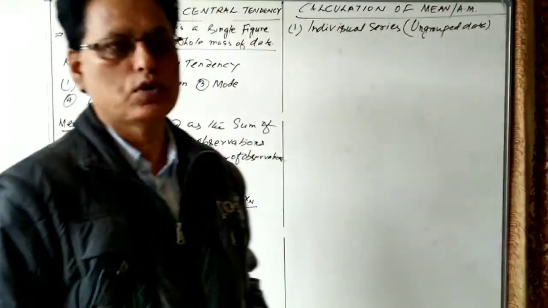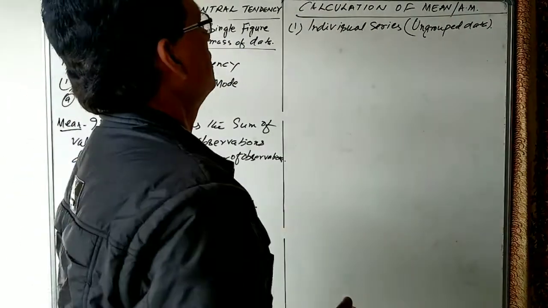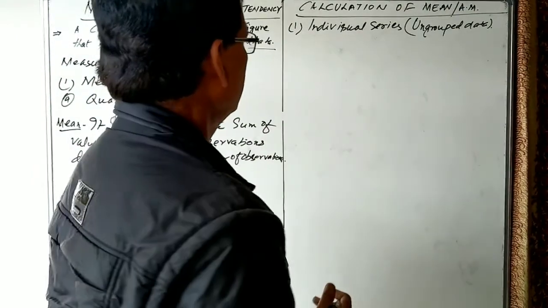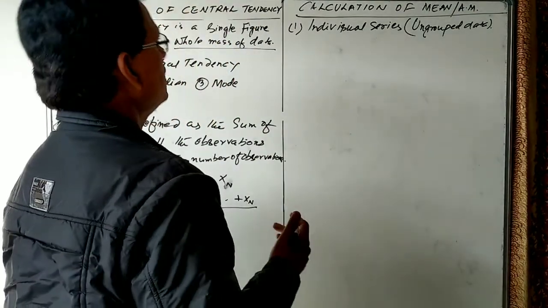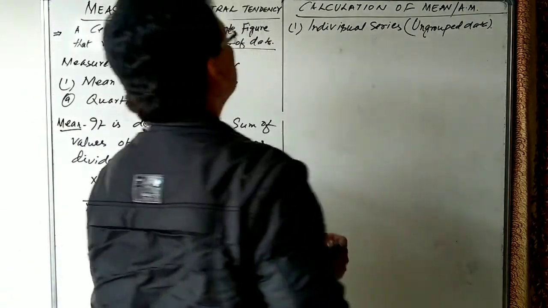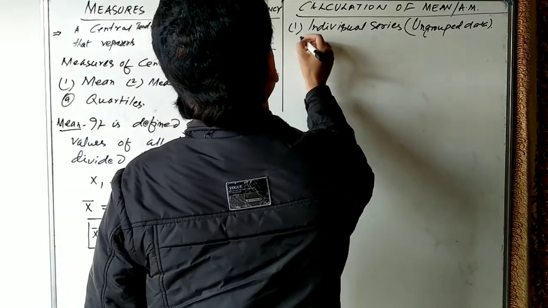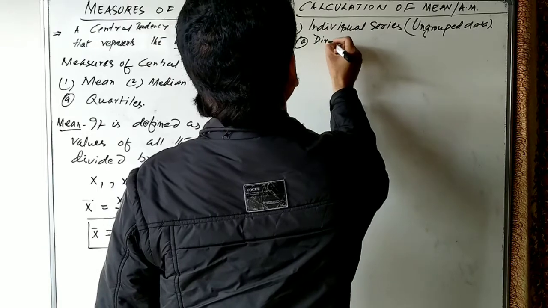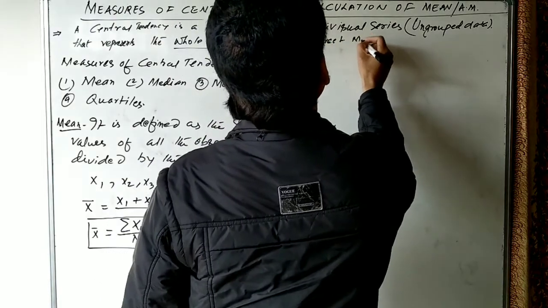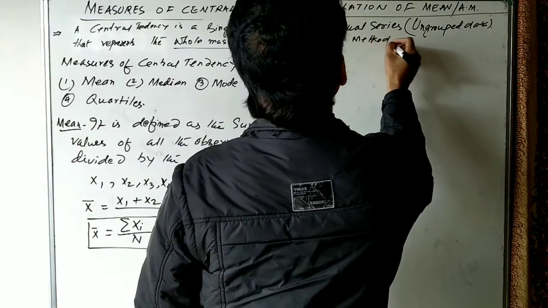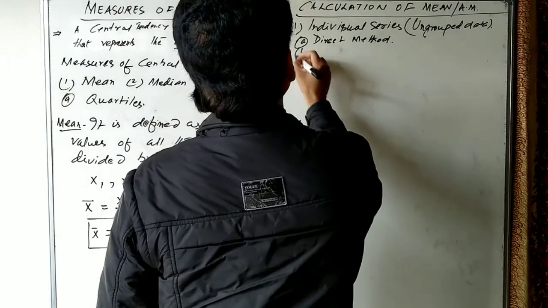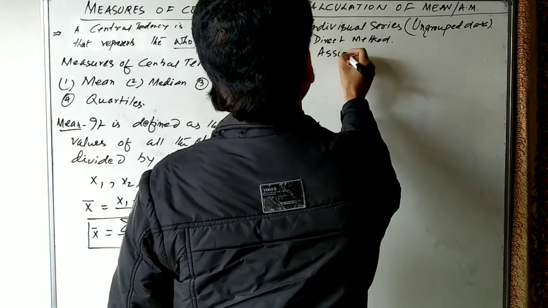So suppose this individual series is given, then how can we find out the arithmetic mean? Here also we'll use different methods. The first method is the direct method, and second we can use the assumed mean method.